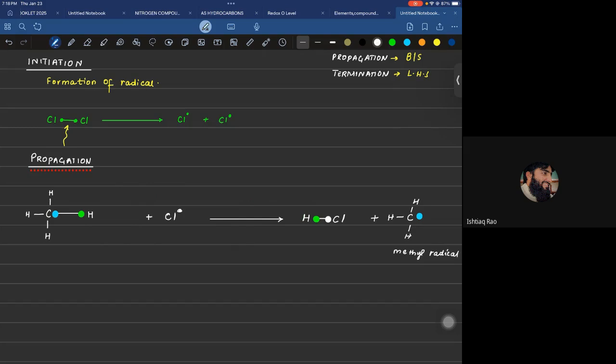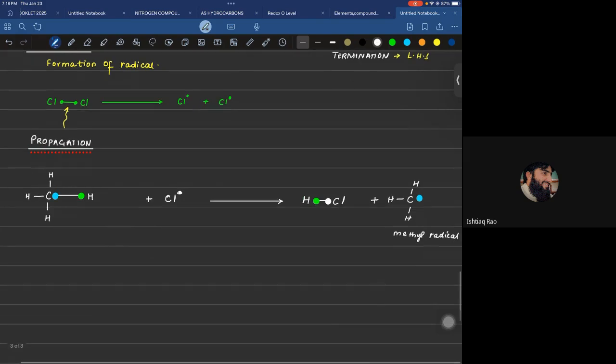Methyl radical. And then what the methyl radical would do, you can see this. C H H H, and this is the radical. This is an electron of carbon. It's going to react with a chlorine molecule.